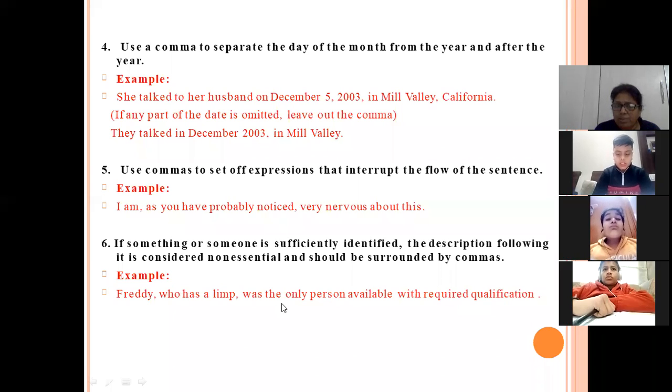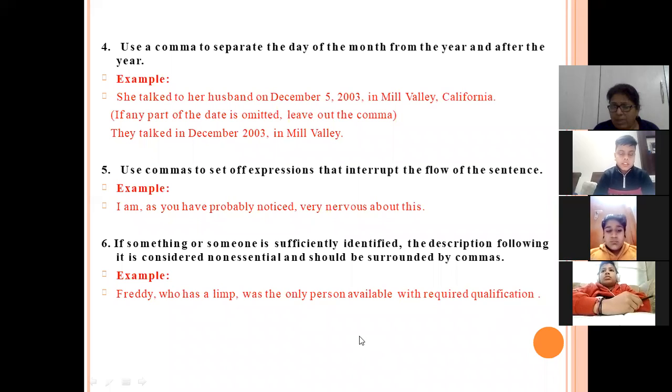Like I am telling that he is the person available with required qualification. So how am I explaining Freddy, comma, who has a limp. Limp is a person who is not able to walk properly. That person is called limp. So Freddy, comma, who has a limp, comma, was the only person available with required qualification.